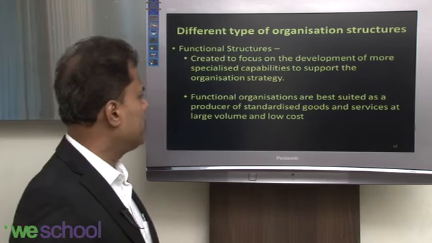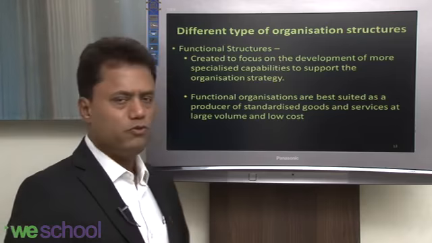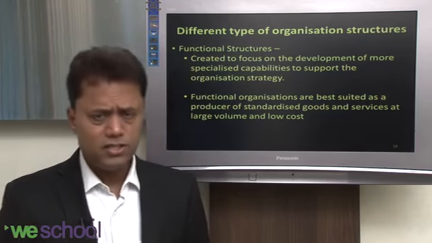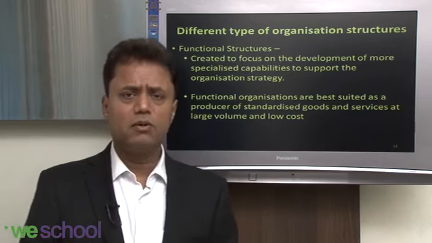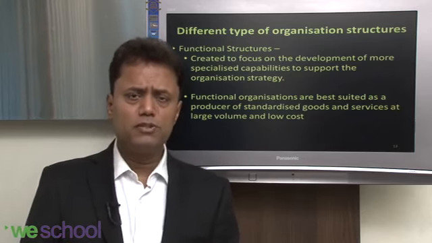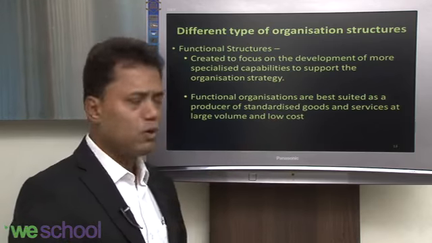Functional organizations are best suited as producers of standardized goods and services at large volume. Generally, the functional structure is followed in companies with fast-moving consumer goods, which are replicated in mass volumes and at low cost.